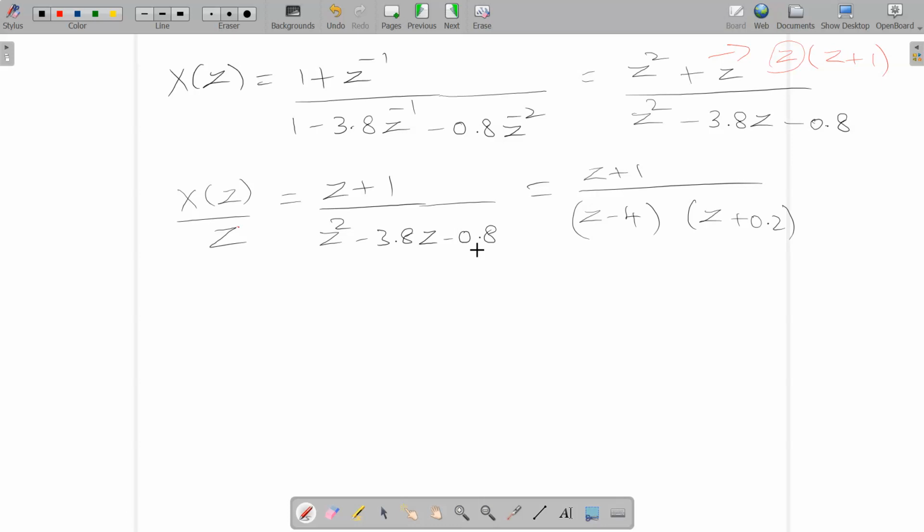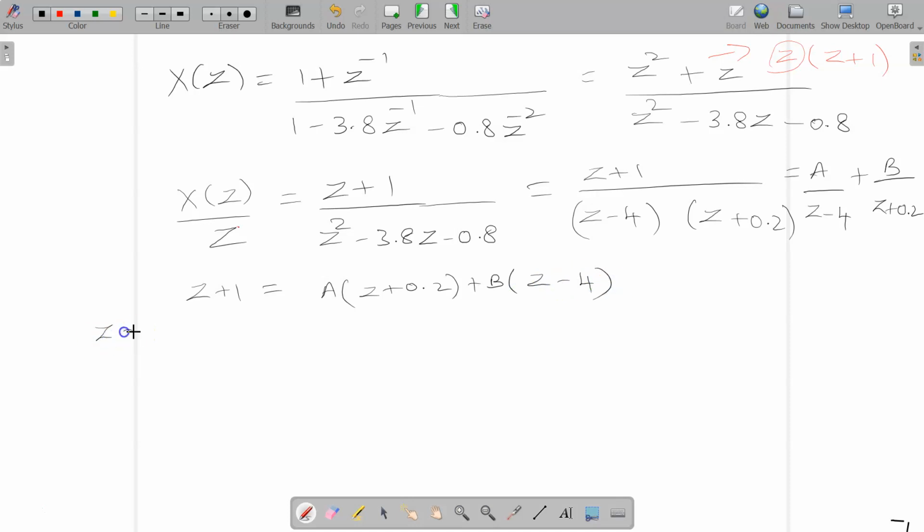Now apply the partial fraction. You will have a by (z minus 4) plus b by (z plus 0.2). Now take your numerator on the left hand side: z plus 1 is equal to a into (z plus 0.2) plus b into (z minus 4).